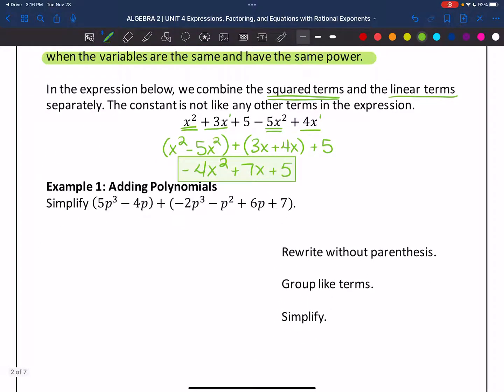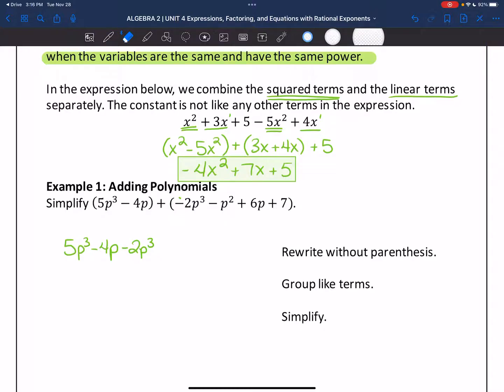If you're adding a polynomial with another polynomial, or several of them, all that we're going to need to do is follow these steps. Go ahead and rewrite it without the parentheses, so that what we have is just all of our terms being added, because really all I'm saying is plus a negative, which is really to say minus 2p cubed.